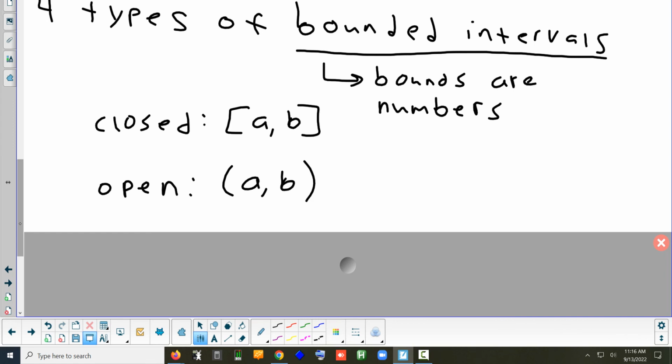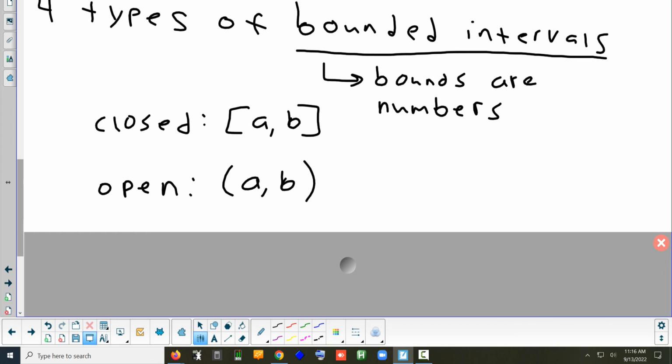Now, if I said pick any number on the open interval from 1 to 10, that means you can pick any number between 1 and 10, but you cannot pick 1, and you cannot pick 10. So closed means include it. Open means don't include it.